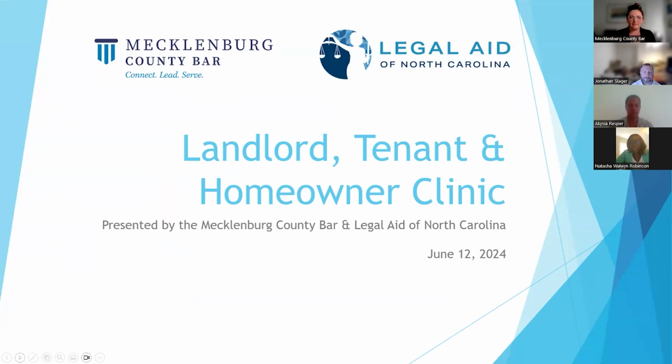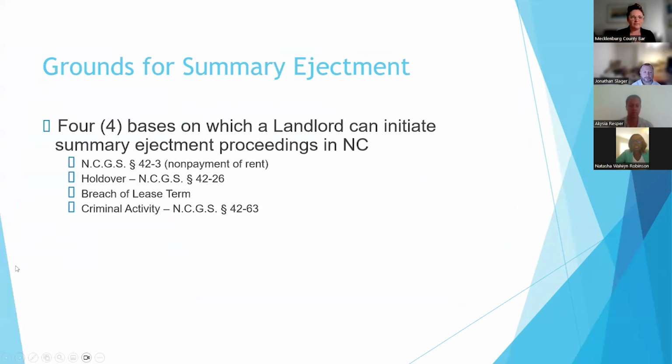I can start. If you could just advance the slide, please. Okay, so to get started, the legal term for eviction in North Carolina is summary ejectment, but essentially that's what it is: removal of the tenant. And there are 4 statutory bases you'd have to meet in order to be, quote unquote, eligible to file for an eviction as a landlord.